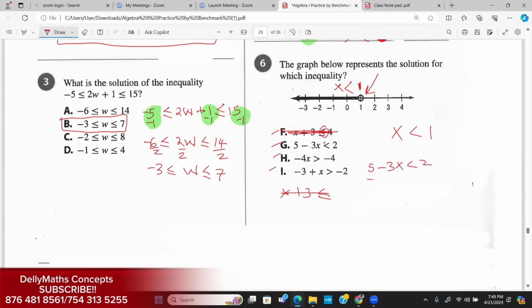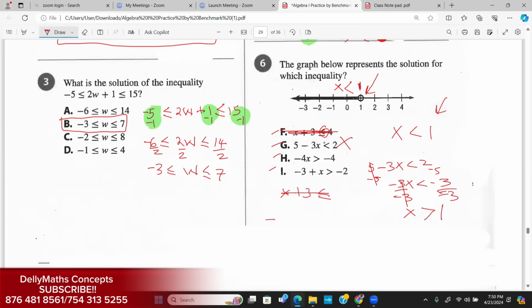Removing the 5 from this side, I'll have -3x, which is less than -3. So -3x is less than -3. At this time, I'm going to have to divide by -3. By dividing by -3, remember the deal: I'm going to have to flip the sign. So the sign is going to flip, and x is greater than 1, because -3 divided by -3 is 1, but this is not what we want. So this can't work either. We have to be very careful. Let's try the last one here.